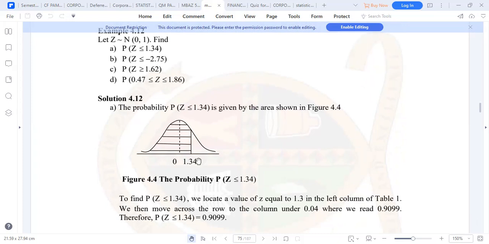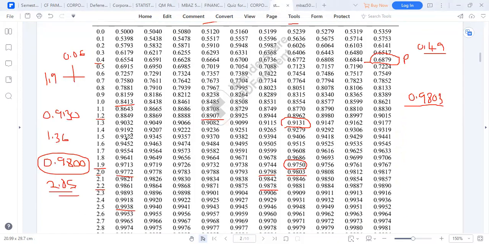Less than is on the left, so we're going to shade this side. Now, what does this shading tell you? It's a big shading. So when you read the table, we read directly. When you go into 1.34, it is 9099. Let's confirm with our table. Is it the same? Are we getting the same answer?